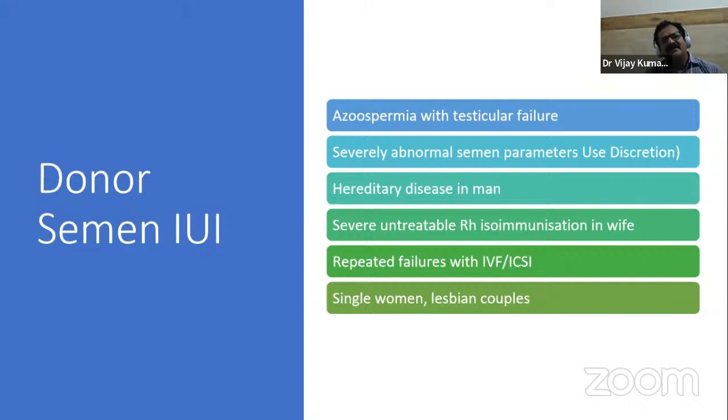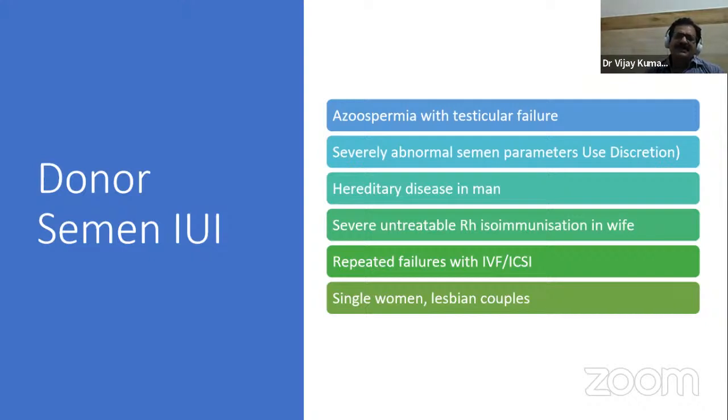The other thing is, the donor sample has to be matched with the husband's characteristics. It could be the height, blood group, color, all these important phenotypic features have to be matched before we select the donor sample.